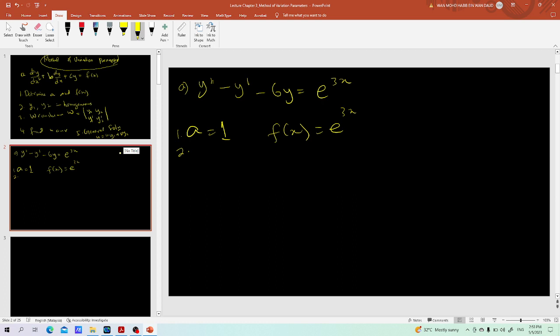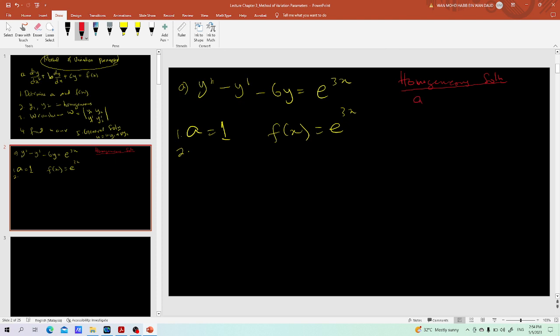We have three types. Maybe we can change the color because it is previous knowledge. So we have three types of homogeneous solution.